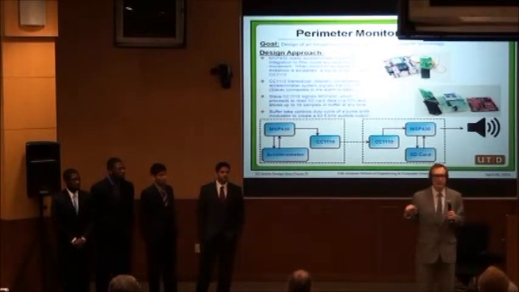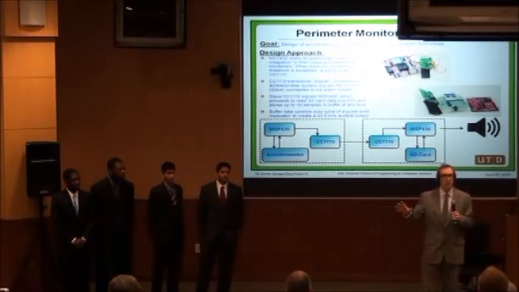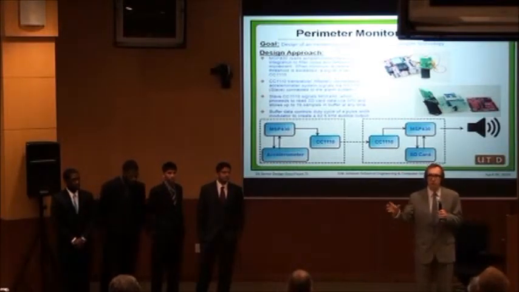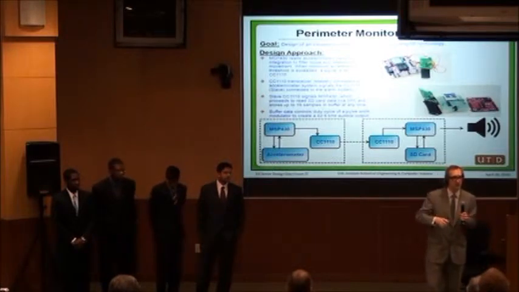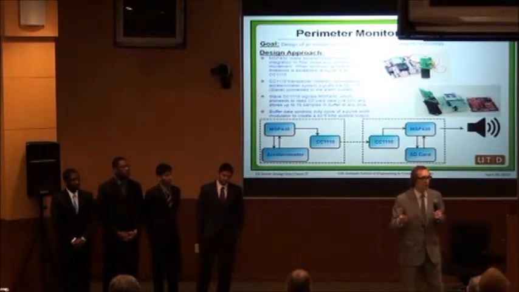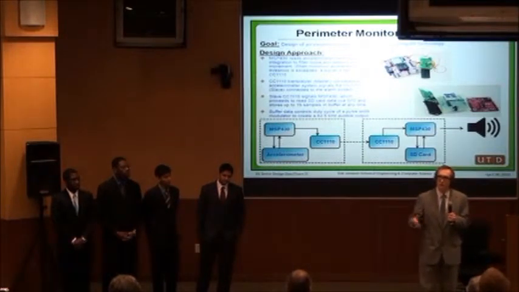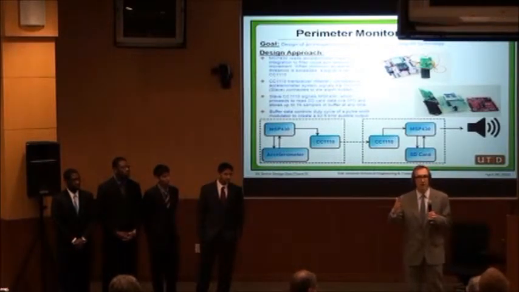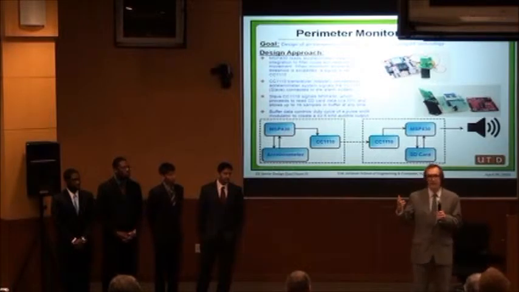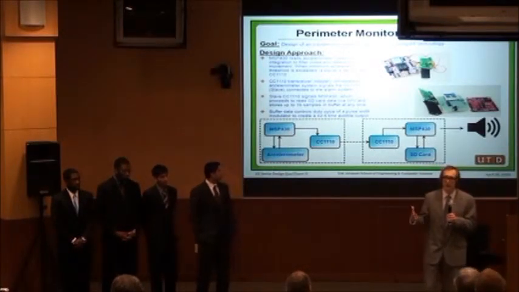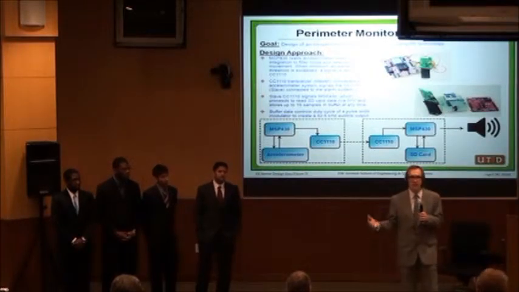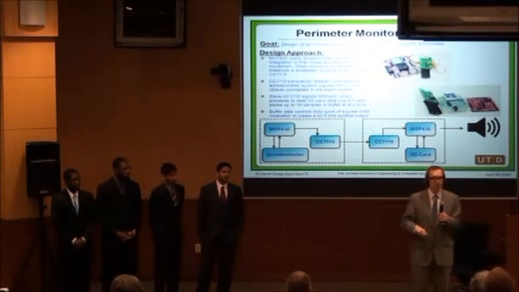So what we've designed is an accelerometer module that the user would place on the door or the cabinet that would monitor whether or not that door or cabinet is open. And then when it's open, it sends a signal to an alarm system that the user would carry in their house. And then that alarm system would play a custom audio tone based on the door that was open.